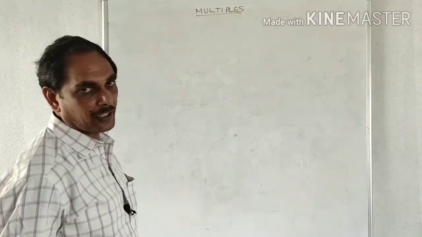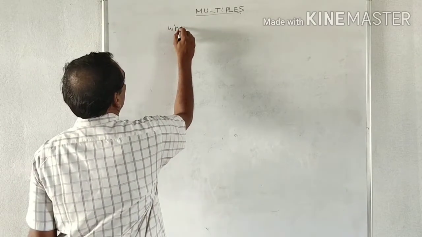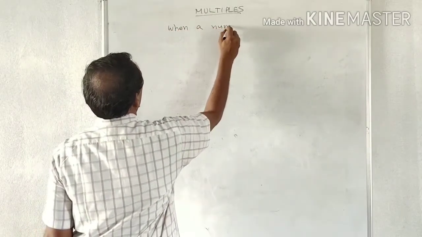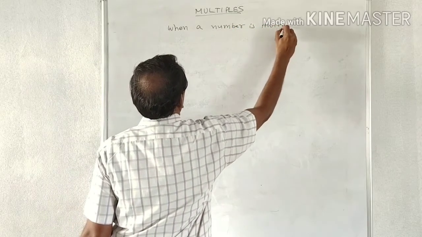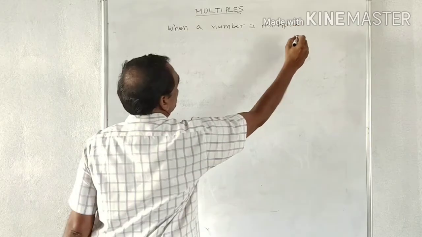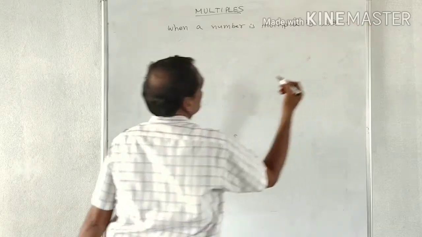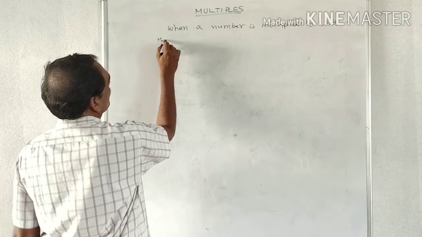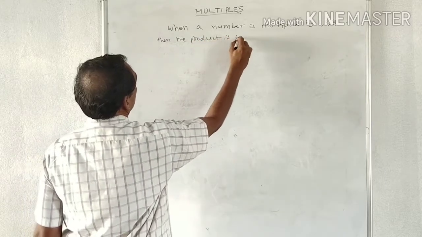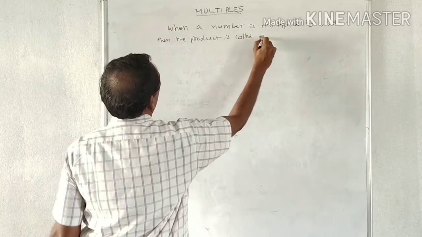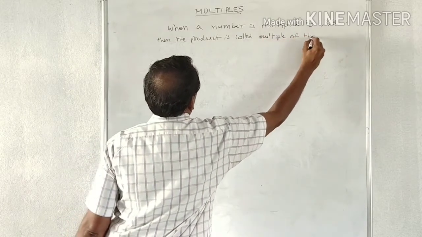So, multiple of a number. What is the multiple? Multiple of a number is when a number is multiplied by 1, 2, 3 and so on, then the product is called multiple of that number.